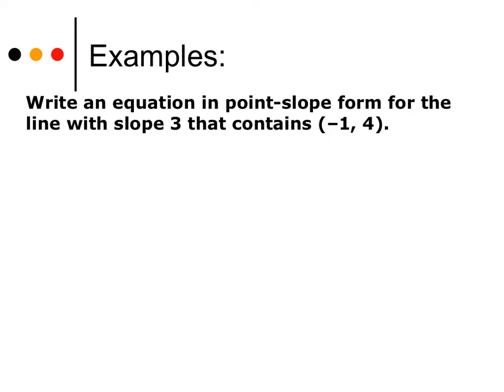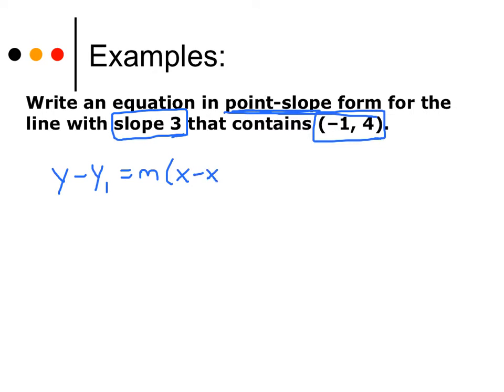All right, example 1. Write an equation in point-slope form for the line with a slope that is 3, and it contains the point -1, 4. Point-slope form says y minus y1, and you'll need to memorize this, equals m times x minus x1.